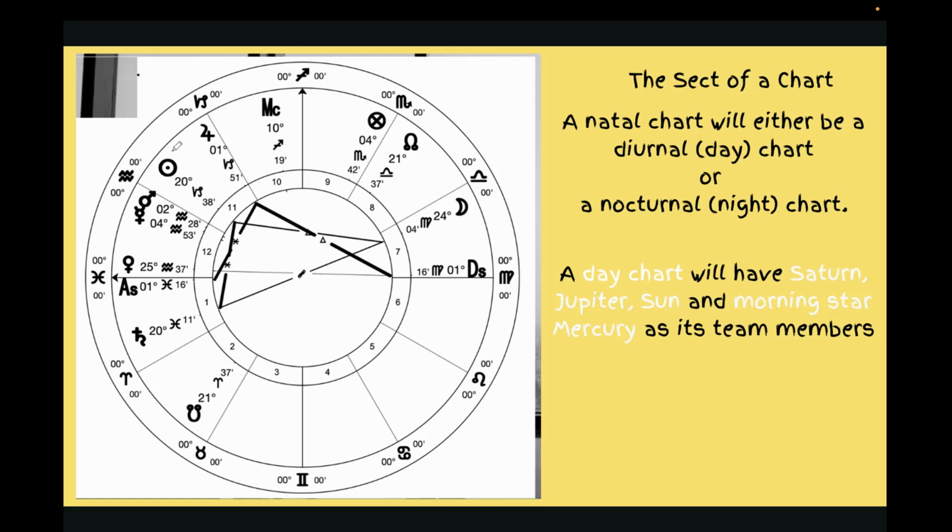We want to see if all of these planets that are on the same team somehow connect to each other via aspect. So we start with the sun. The sun is going to look for its first team member, and we'll start with Saturn. And where is Saturn? There is Saturn right there.